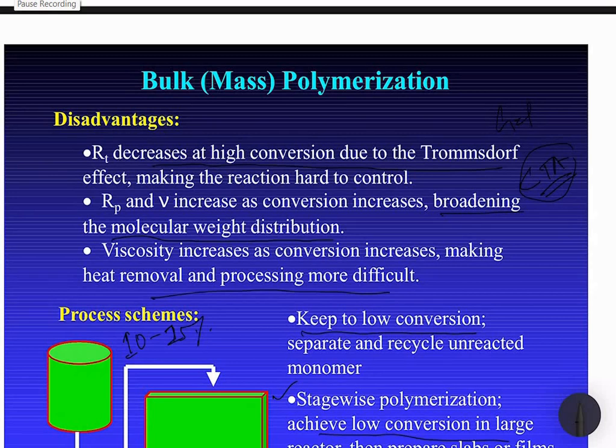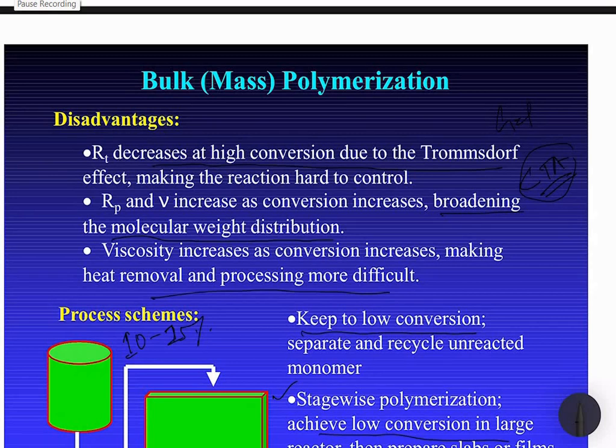And once you have the rise in viscosity, the diffusion of the larger, matured grown radicals coming close to each other and thereby getting terminated either by combination or disproportionation becomes difficult, because as the viscosity of the medium increases, the rate of diffusion also goes down, and the diffusion of the giant polymer radicals which are about to terminate falls at a faster rate as compared to the monomers.